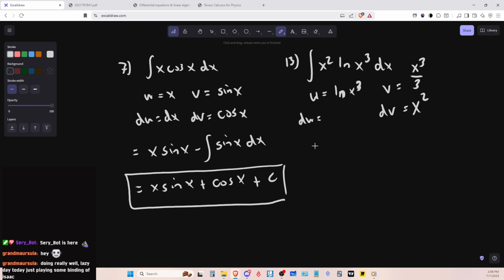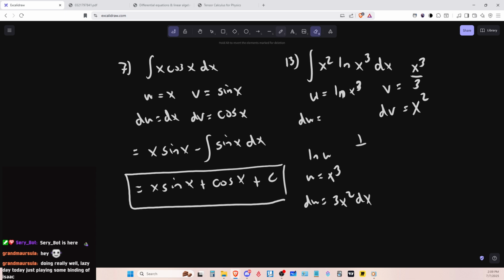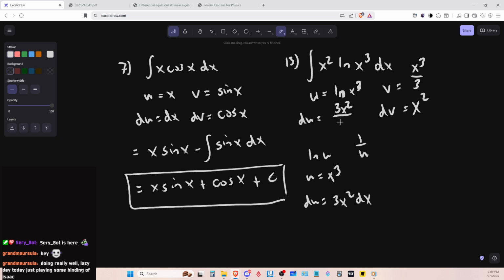That's gonna be a little bit... So it's u, and then du over dx, and this one would be, well, it wouldn't be over x, it would be over u, so then it would be over x squared, well, x cubed, I should say. So then it'll be 3 over x.